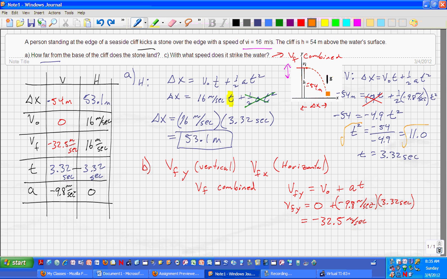Well, if I blow this up, what I'm going to find is that this velocity is at an angle. So this is V final combined.